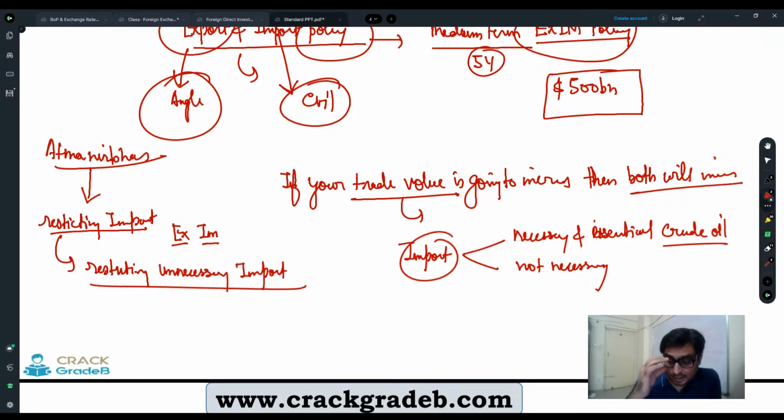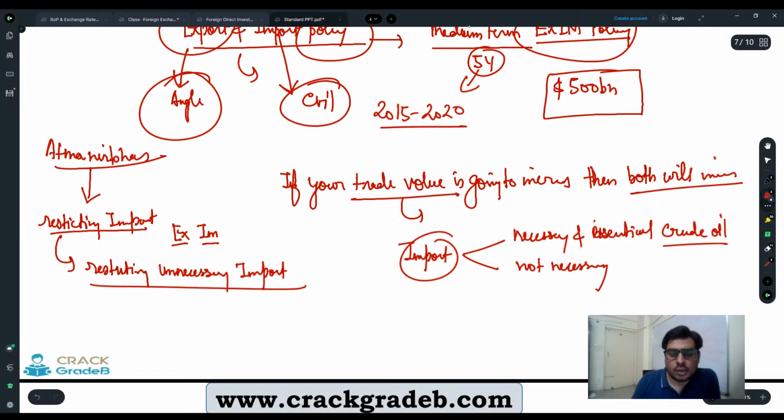As I told you, we take a medium term target. The last export import policy was of 2015 to 2020. And in 2020 COVID came. After that it was not possible, and the government of India extended this foreign policy for another 6 months, then another 6 months.